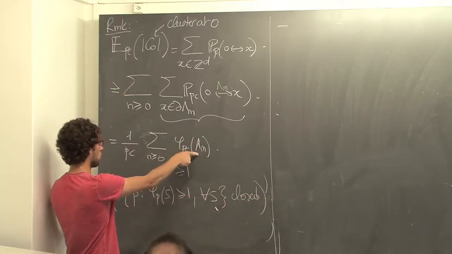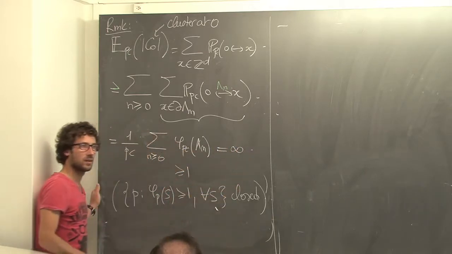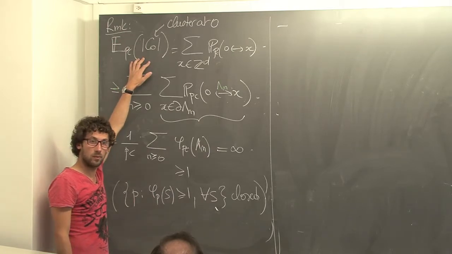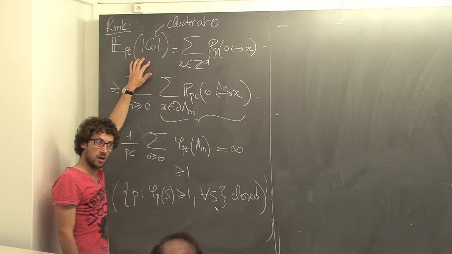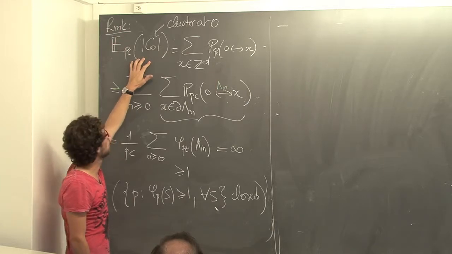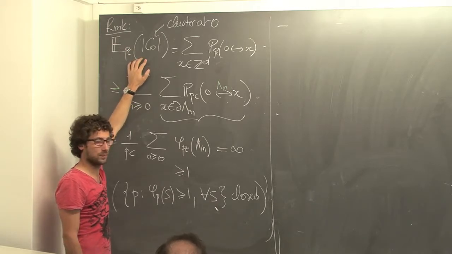So if this is larger or equal to 1, I'm summing 1, so this is infinity. This is called the susceptibility of the problem. You will probably encounter that in several other classes, including the class by Ivan. So the susceptibility is infinite at PC.